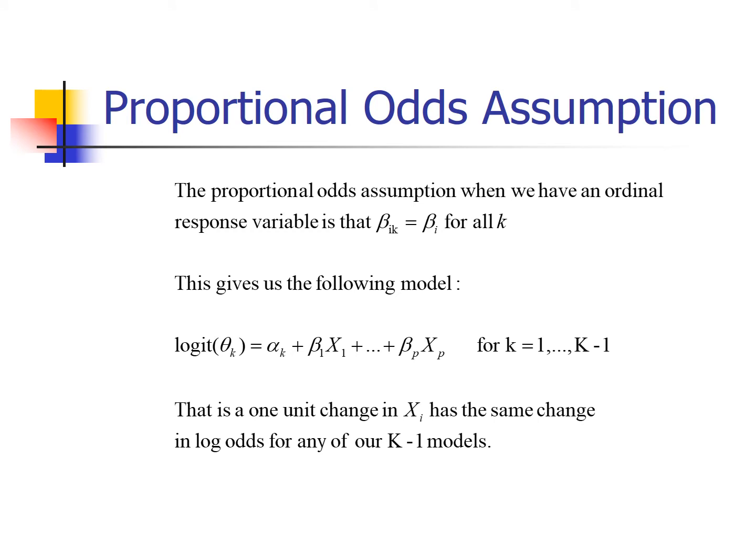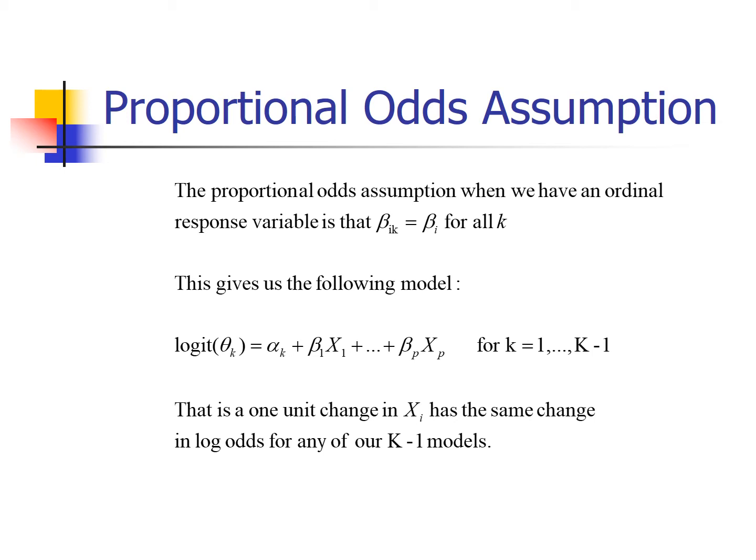However, we often simplify this by applying what's referred to as the proportional odds assumption. The proportional odds assumption is this: when we have an ordinal response variable, so we would only apply this in situations where y is an ordinal response variable, beta ik equals beta i for all k. So what is that saying?